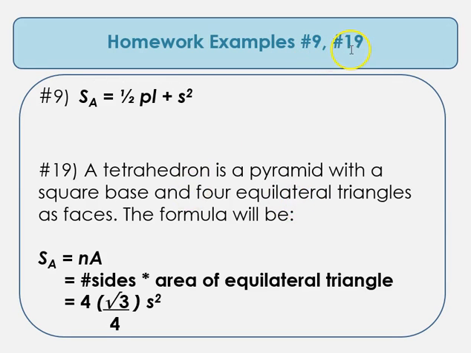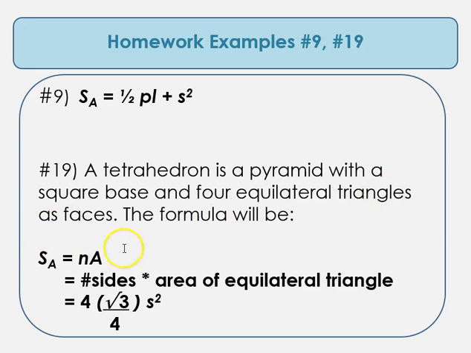Numbers 9 and 19. Here's the formula you'll use for number 9. It has a square base, so I've actually inserted the area for a square. Number 19: a tetrahedron is a pyramid with 4 equilateral triangles as faces.